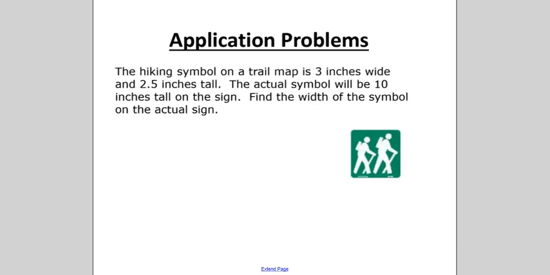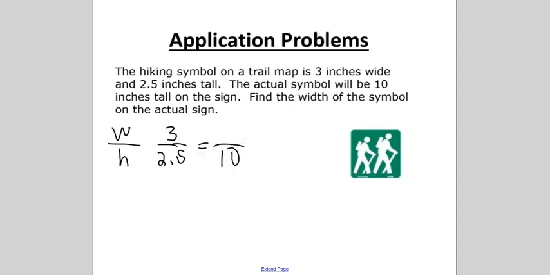Okay, a hiking symbol on a trail is 3 inches wide and 2.5 inches tall. So width over height, or W over T if you want, whatever. So it's 3 wide, 2.5 tall. The actual symbol will be 10 inches tall on the sign. So where's tall or height?